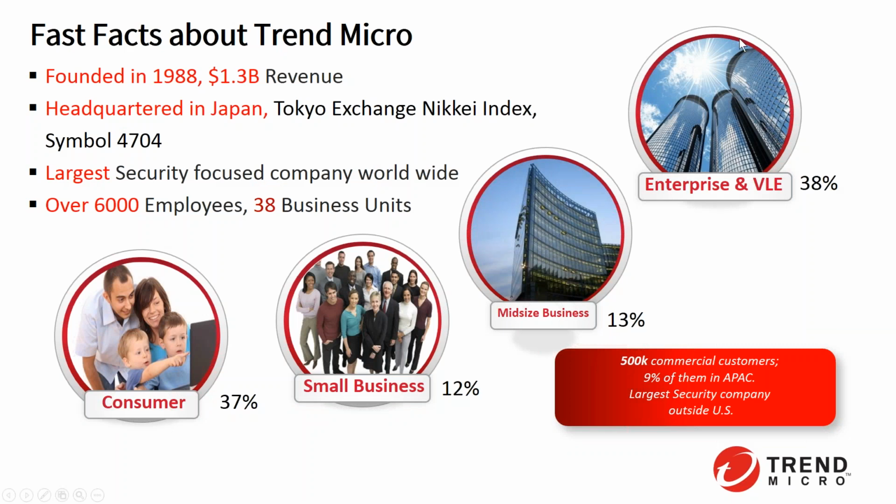Thank you, Rich. Yeah, so a little bit about Trend Micro. We are a company that's been around for about 30 years, founded back in 1988, and we're a public company headquartered in Tokyo. We are one of the largest cybersecurity companies in the world, and we serve different customer segments from consumer to small business to mid-size and enterprise customers.